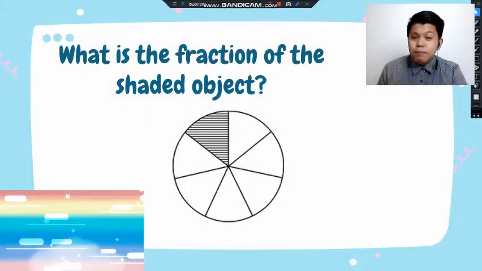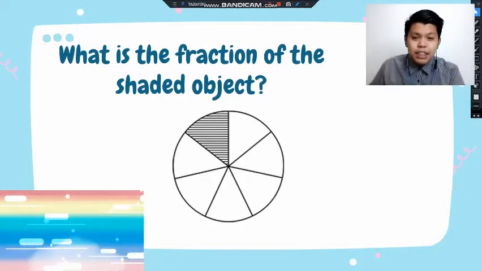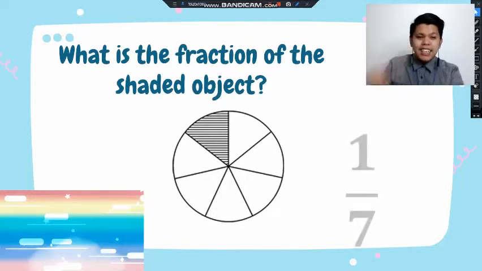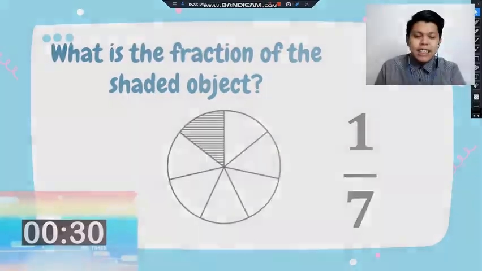Okay, time's up. Let's check your answers. We have 1, 2, 3, 4, 5, 6, 7. 7 is our denominator. One shaded. We have 1/7. Okay, and our last example.